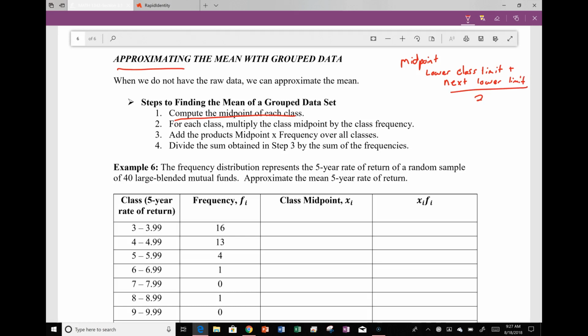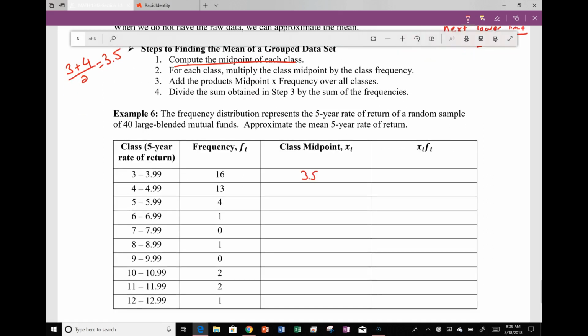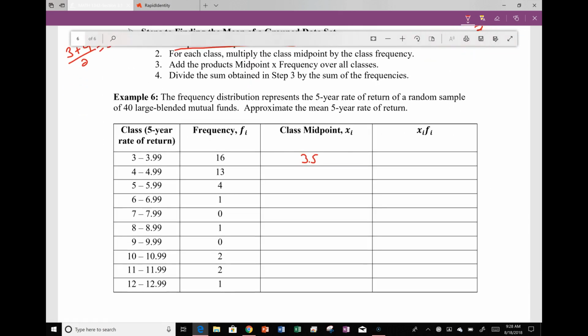So to find the class midpoint of this first class, we're going to take 3 plus 4, and we divide by 2, which gives me 3.5. So 3.5 is my class midpoint for this particular data set.